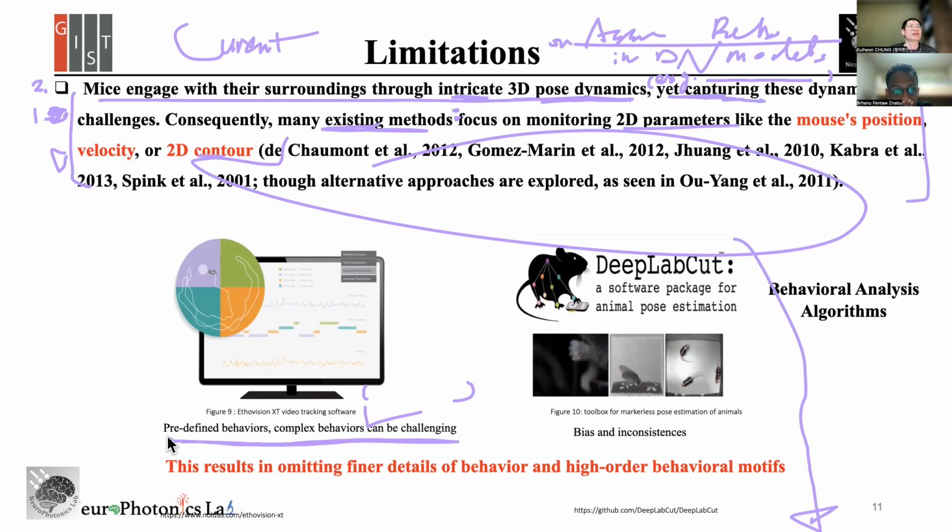And then this famous software, predefined behavior, complex behavior can be challenging. I think you want to say some example, 3D, something here. And another, the Dimlet code is very important. Where's the reference for that? Yeah, I put it here. But I think you want to put the Nature Neuroscience reference too. Yeah, okay. Is it like 2015?